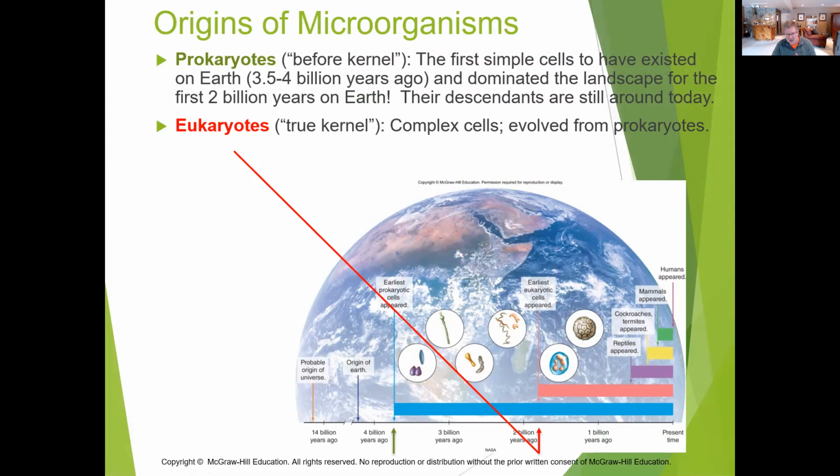But what I want you to note is that for many, many billions of years, almost 2 or more, the prokaryotes ruled supreme on Earth. They were the only type of cell found. With animals, reptiles, and insects, and mammals evolving much, much later in Earth's history.